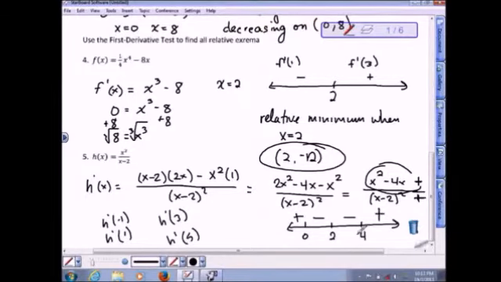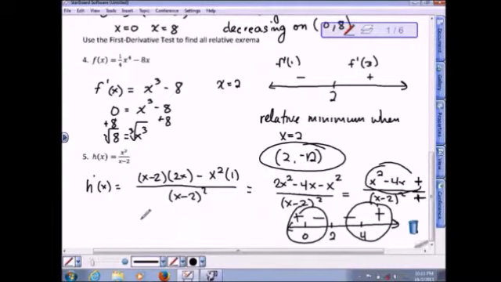So even though we have three critical values, only two of them are actually going to yield a local or relative extreme. That's when the graph changes from increasing to decreasing, such as right here, or decreasing to increasing, such as right here. So that critical value and that critical value are actually local extrema. Now, it depends on the behavior of the graph whether it's a local min or a local maximum.